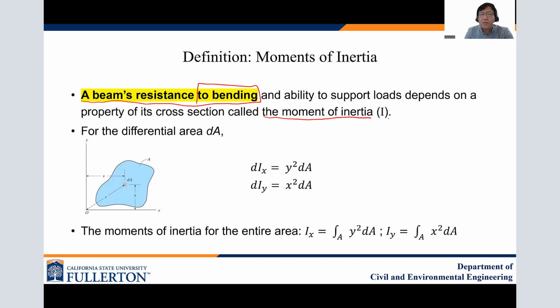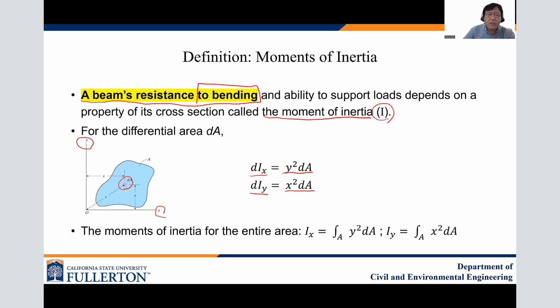And then using I, for the differential area dA, you want to find the moment of inertia of the differential area. dIx about the x-axis is y squared dA, and dIy about the y-axis is x squared dA.